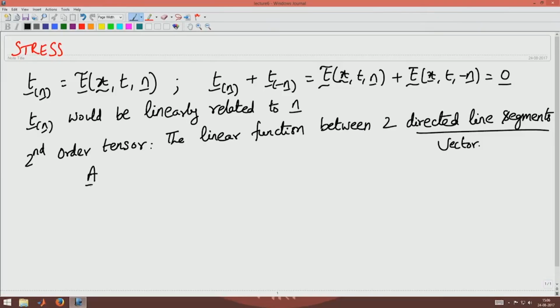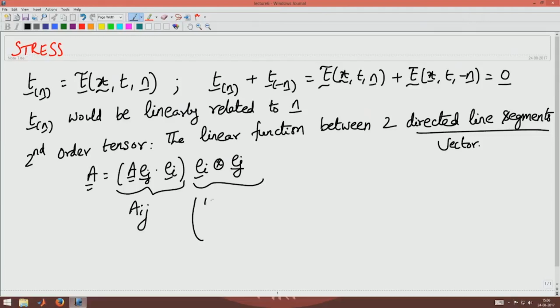So, A, for example, would be represented as A_ij, that is A ej dotted with ei, tensor product ei with ej. This is what we saw in the last class, where A_ij are the components of a second order tensor, and the basis matrices are like 1 0 0, 0 0 0, 0 0 0, or 0 1 0, 0 0 0, 0 0 0, and like that it will form the basis matrices. So, that is what we saw in the last class.